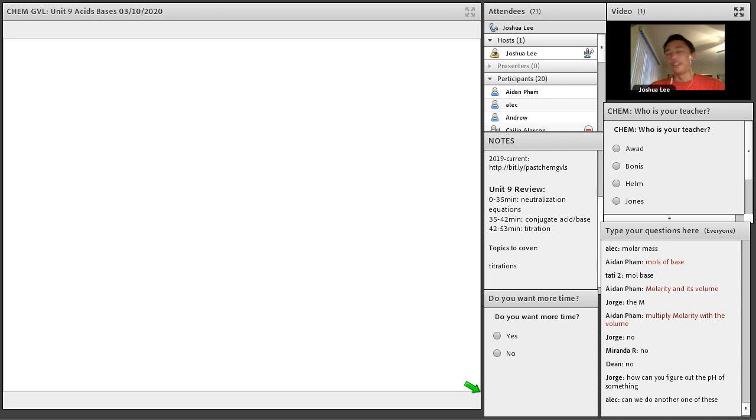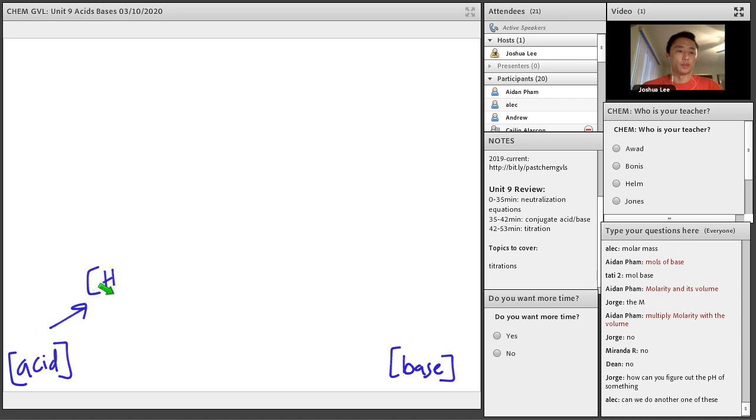All right, another huge thing is pH. So you could be given two things to start off with. You could be given the molarity of an acid, or you could be given the molarity of a base. So I already showed my kids this, so we'll do this part really quick. Molarity of the acid is going to be the molarity of H plus.